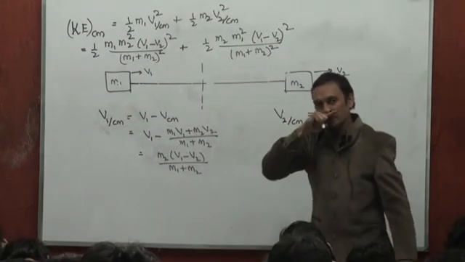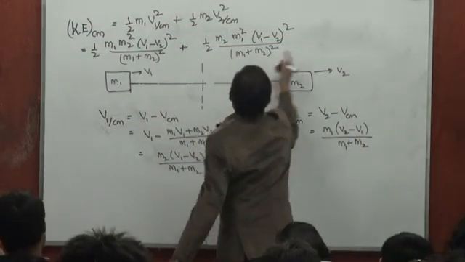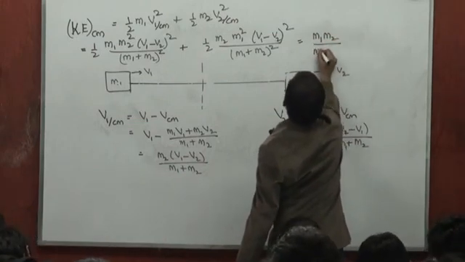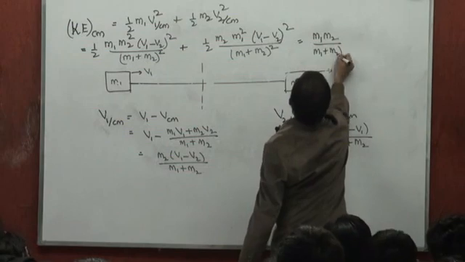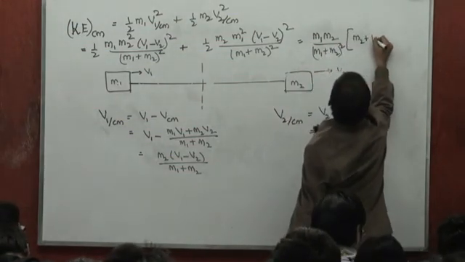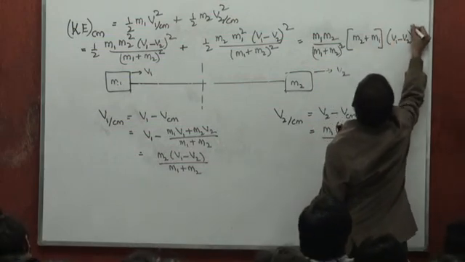Yes or no? Now, if I take m1 m2 by m1 plus m2 whole squared common from this, we get m2 plus m1 into v1 minus v2 whole squared. Yes or no?